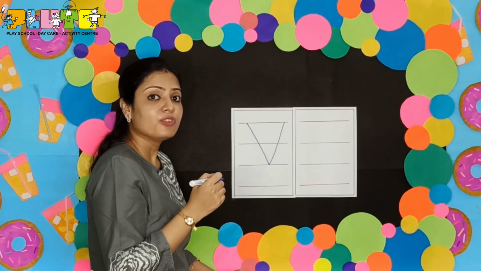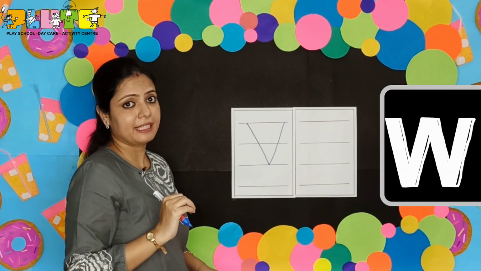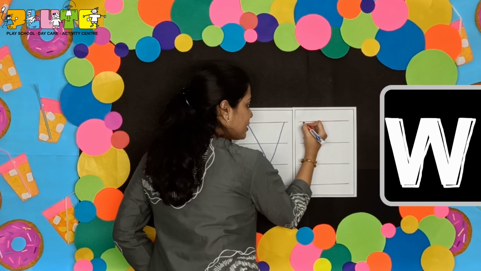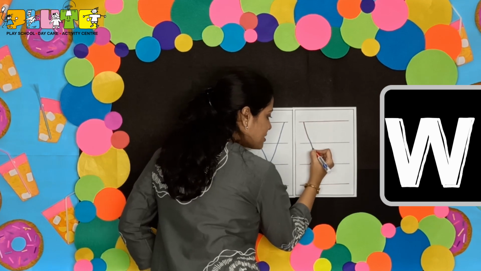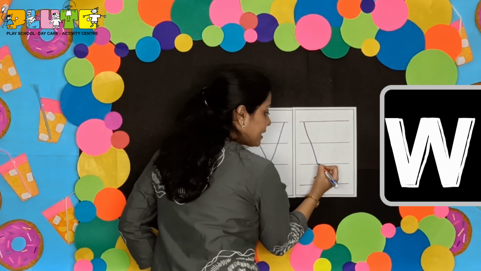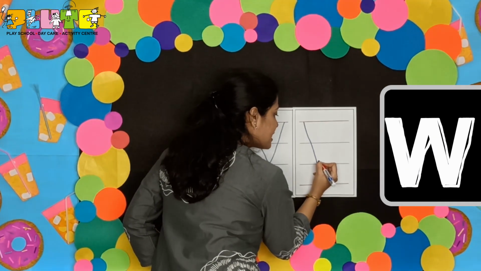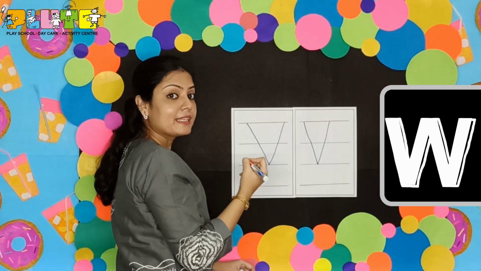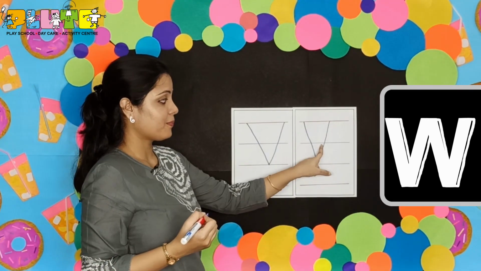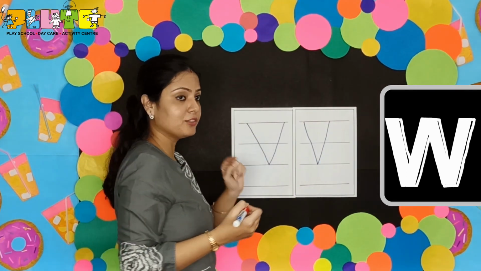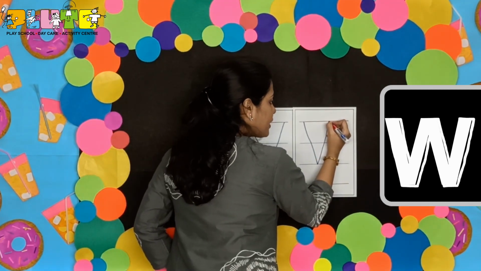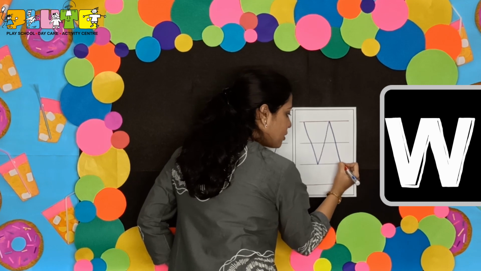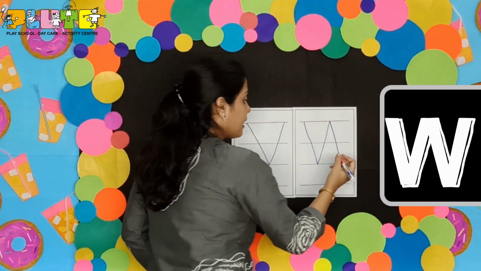For this we are going to use 4 slanting lines. Okay. So I'll start from the first line, slowly go down till the third line. Then again from this point I'll go in upward direction till the first line. Then see, I have written V. So I'll draw another V. From this point I will draw another slanting line going down till the third line.